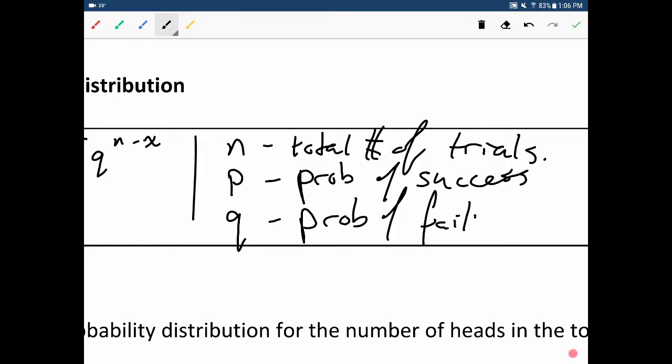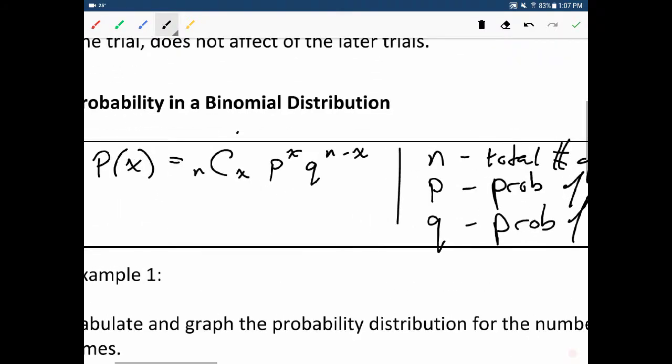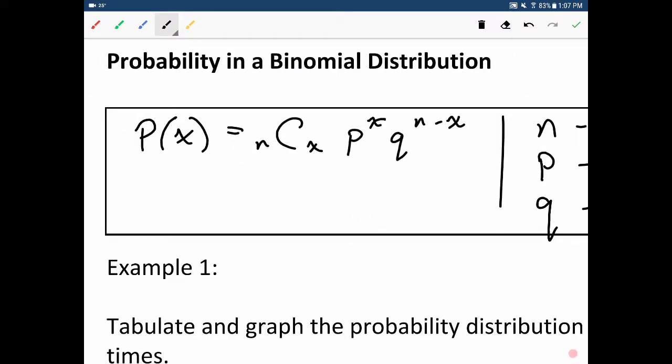P and Q should add up to 1 because we only have successes and failures. There's no third option.